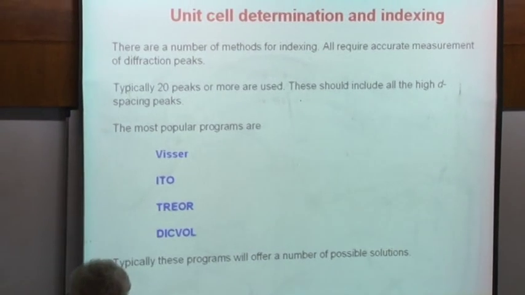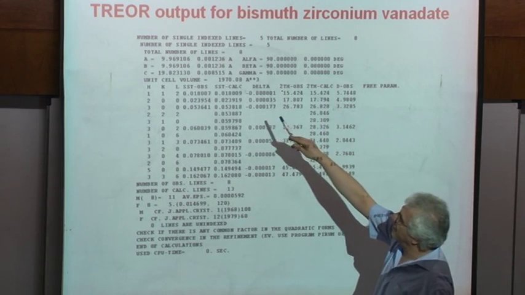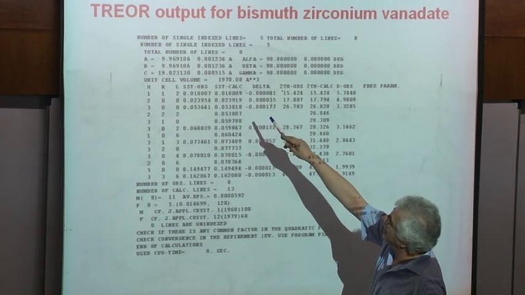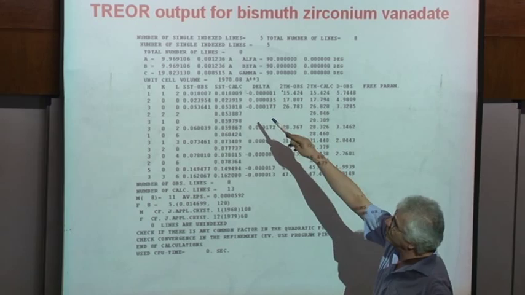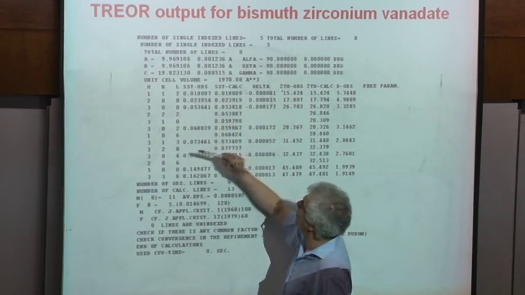So Treor is quite a popular one. This is for bismuth zirconium vanadate, so this is a straightforward structure. We can see here it's offered a solution that looks to be tetragonal. So you can see two axes equal, the third axis long.